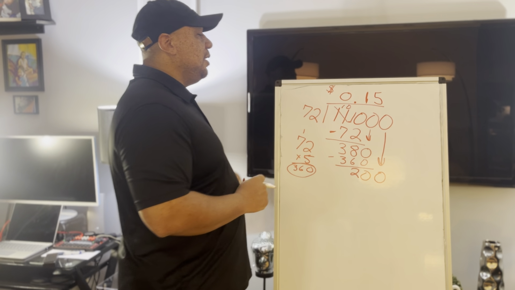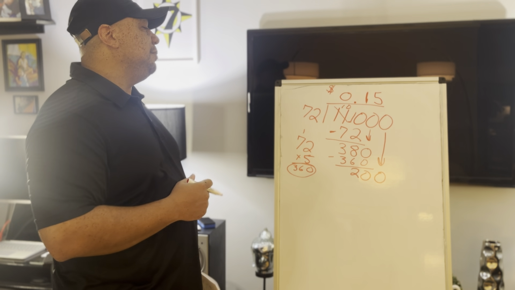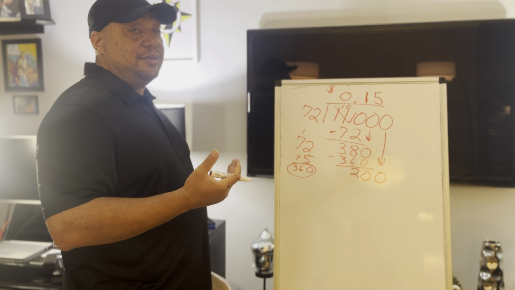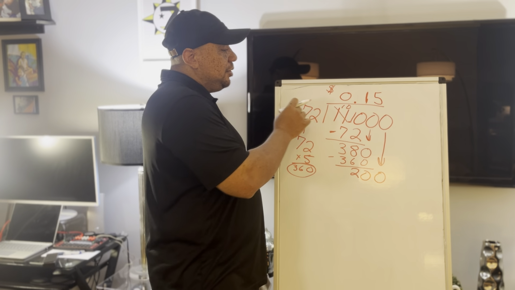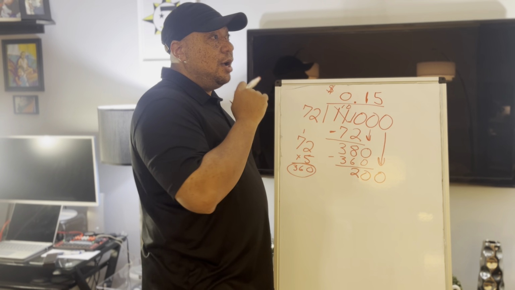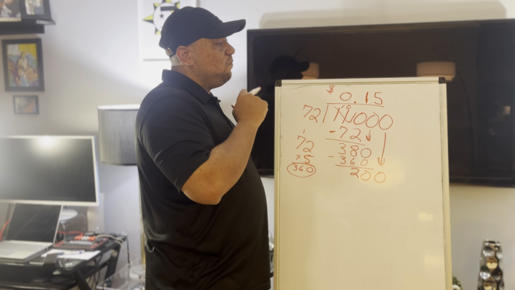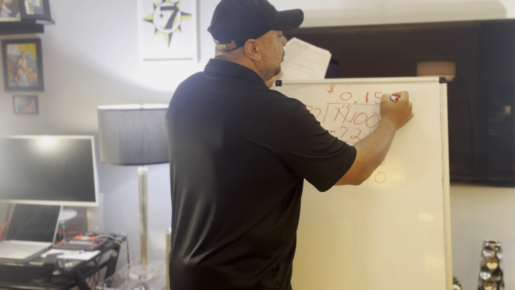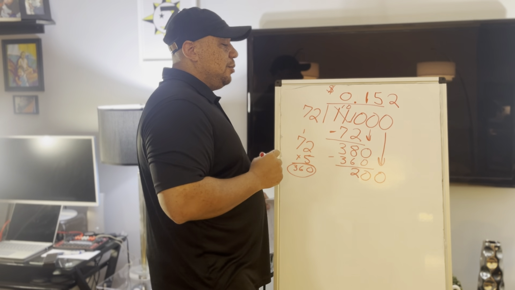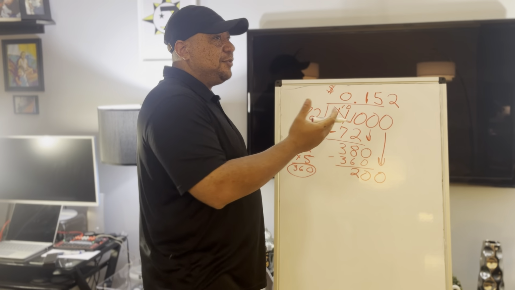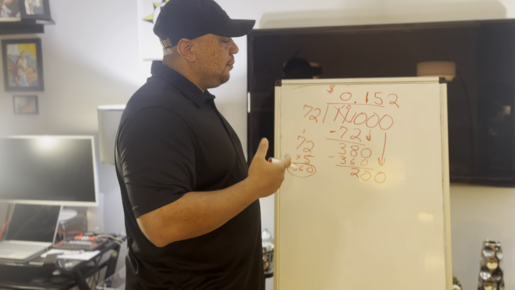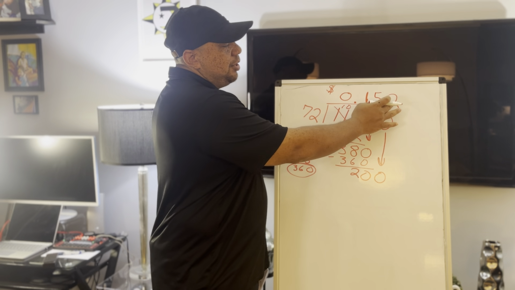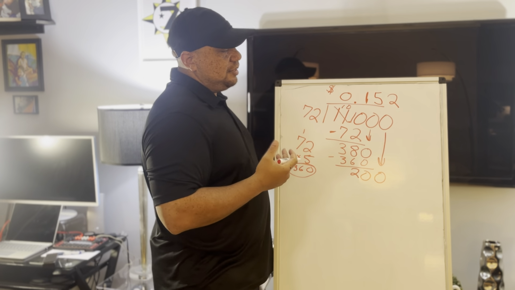How many times does 72 go into 200? Well, let's go back. If we double 72, that's 144, right? That sounds about right. So 2. So for the sake of unit pricing, we already know it's 2, we would just say that's 15 cents.